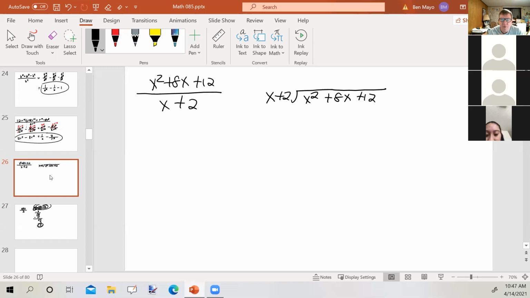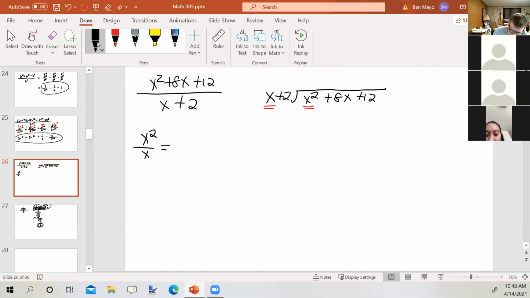Once I have both the dividend and the divisor in descending powers, which they are in this case, I'm going to focus on the leading term inside and the leading term outside. I'm going to take the leading term inside divided by the leading term outside. So I'm not going to worry about all the other stuff, just those leading two terms.